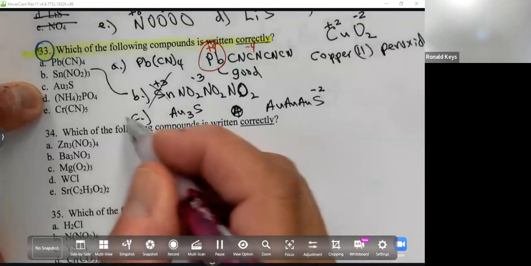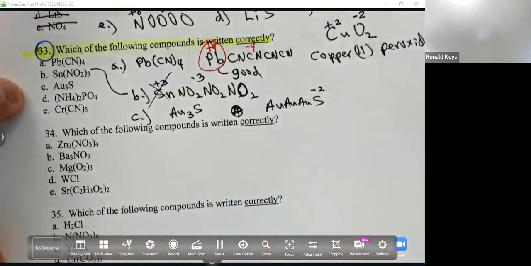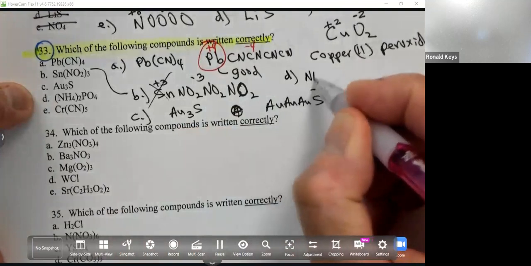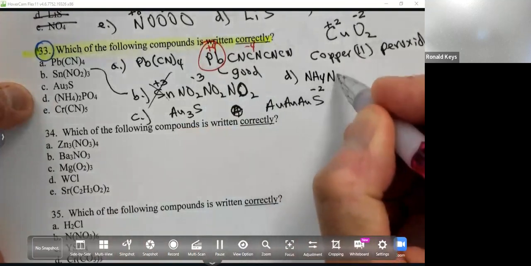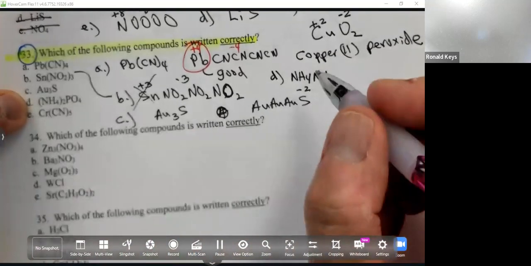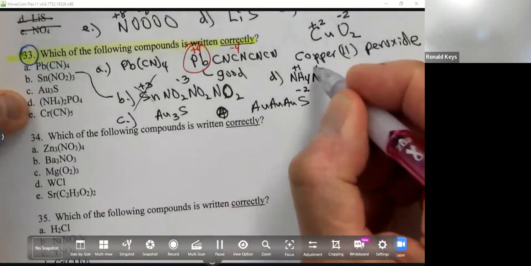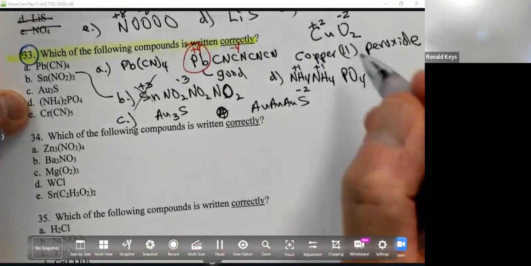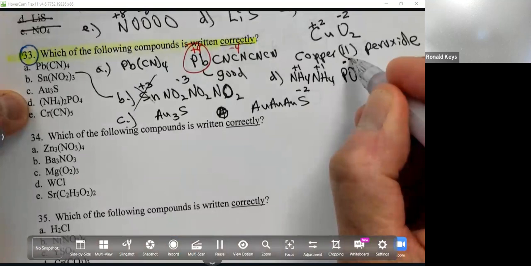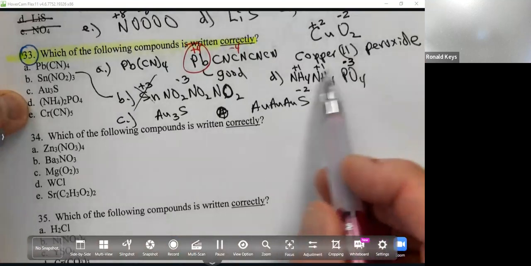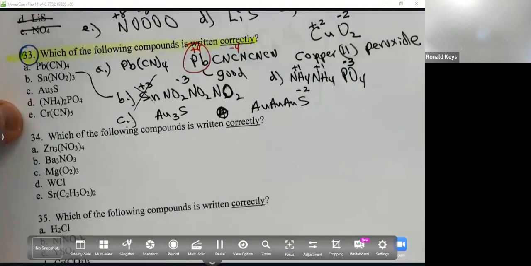We'd have to be +2/3 or something like that on the gold. That would not work. In letter D, we have 2 ammoniums in parentheses. Ammoniums are +1 each. The PO4, I don't know if there's some way to get this, but that is phosphate. So that won't match. We've got a -3 and a +2.